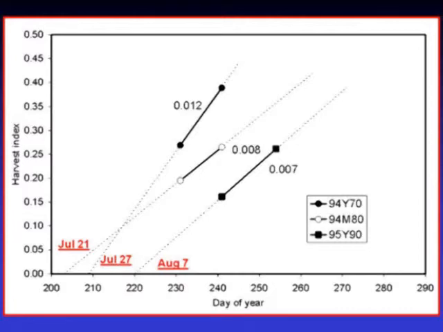And if we extend these lines all the way back down to where harvest index is 0, that tells us when the seed fill period started. That's what we see here. So we have a seed fill period beginning for these cultivars on July 21st, July 27th, and August the 7th.